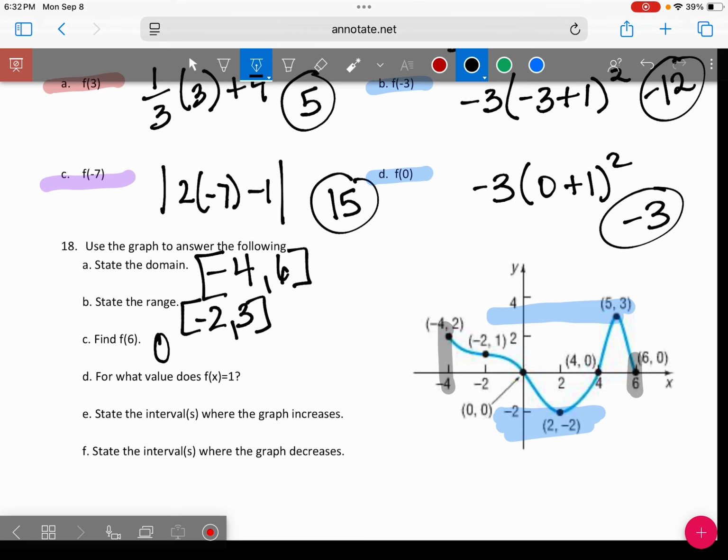For what value does y equal 1? Well, for that question, I'm actually going to draw a horizontal line at y equals 1. So if I draw a horizontal line at y equals 1, that red line is crossing here, here, and here. So I would say that my answers are x equals -2.